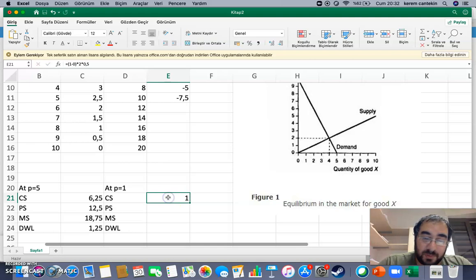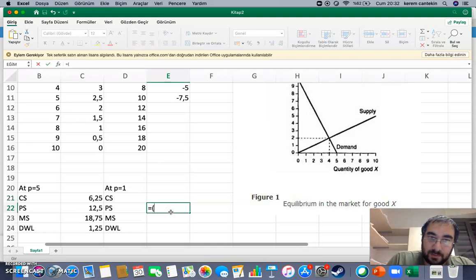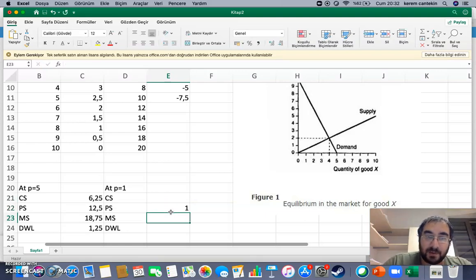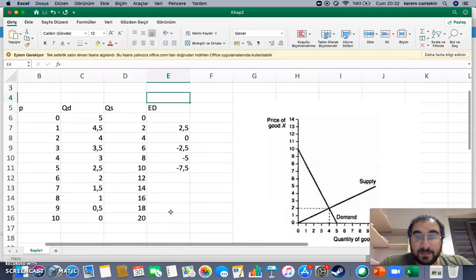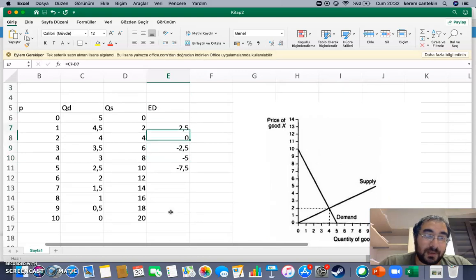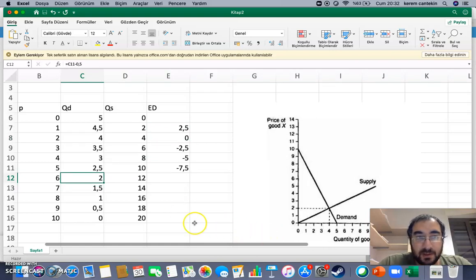This is producer surplus, I'm sorry. 1 minus 0 times 2 times 0.5. But for consumer surplus, you should find the price at which demand is 2, which is 6 basically.